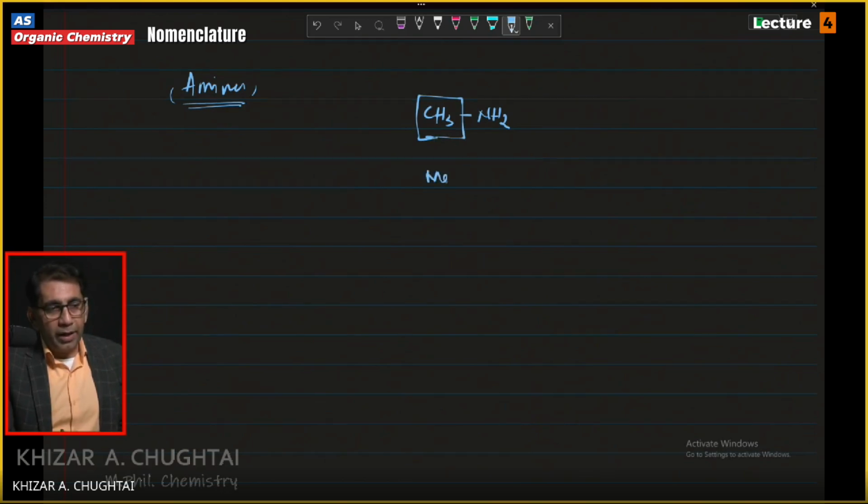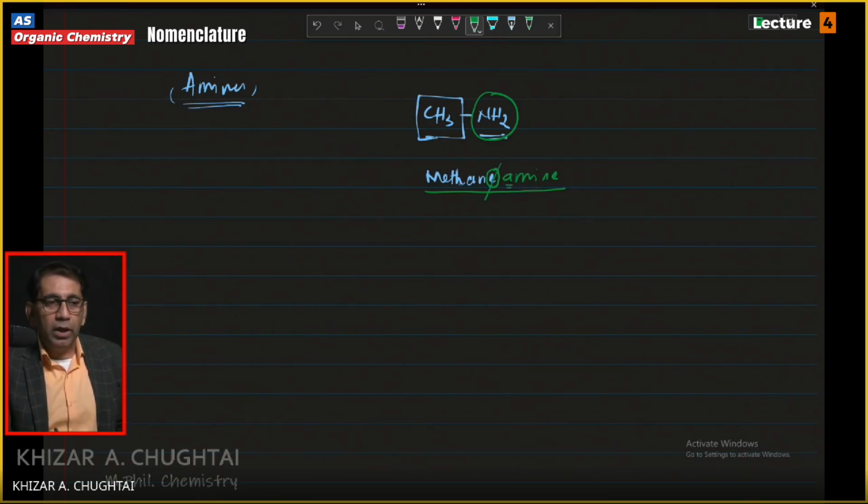One carbon name starts from meth, and since there is only one carbon, you will write ane, and then the name of this functional group is amine. Methane amine, you can write this name as well. But if you write it like this, you will have to remove the e because here is a vowel. So methanamine is the name of this compound.